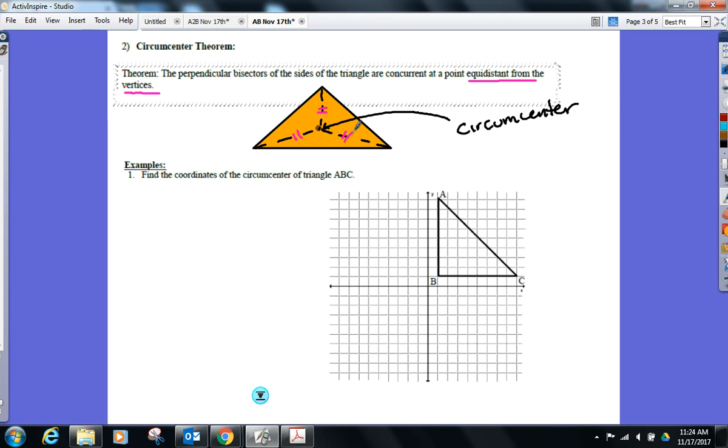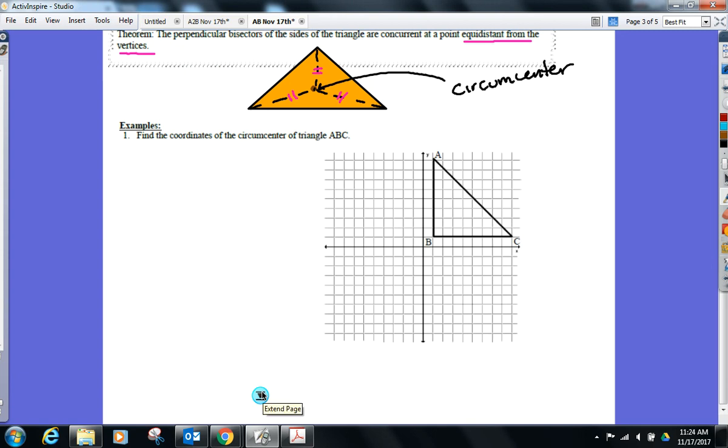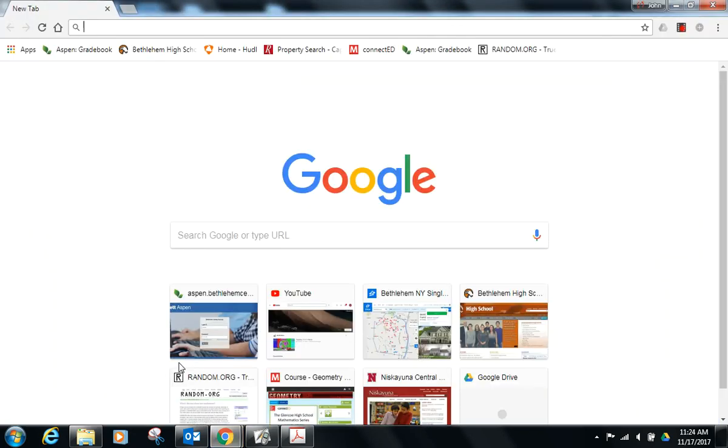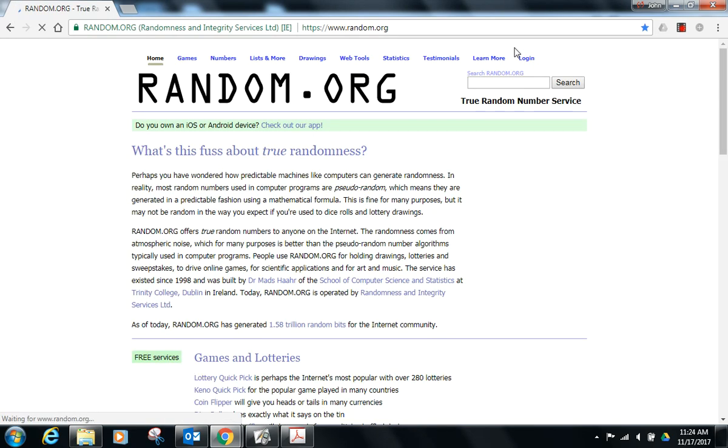Okay, this first one, I gave you triangle ABC. Find the circumcenter. Find the circumcenter. All right, I'm not going to let you go on your own. We're not ready for that yet. There it is.